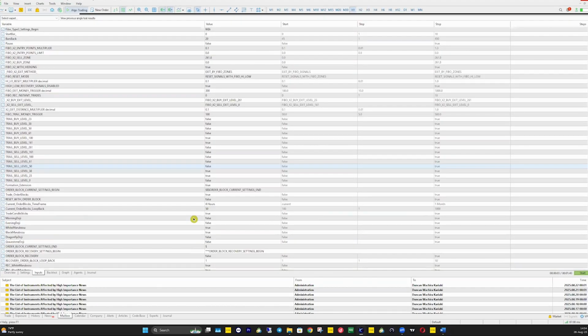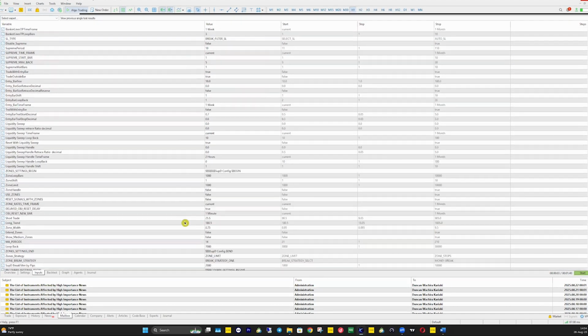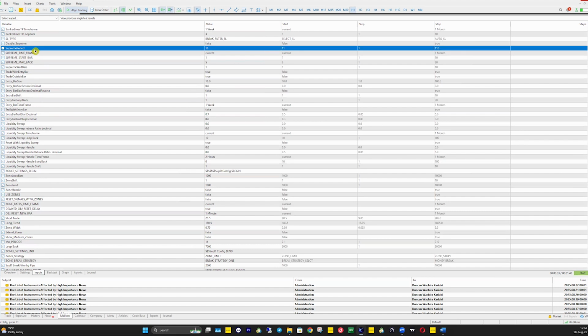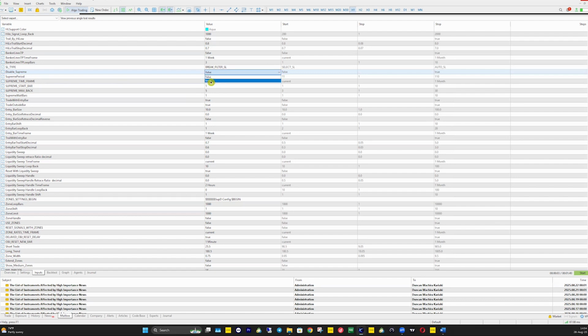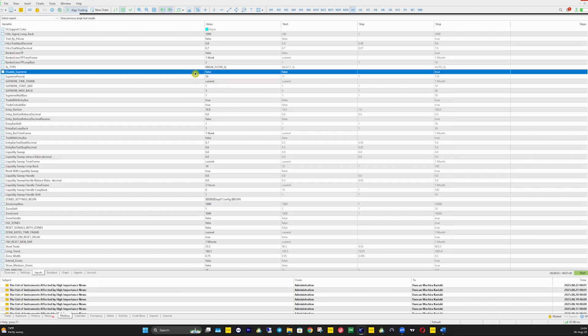All you will do is go to this setup of Supreme here. You can see here, disable Supreme. If you set this to true, this means you are not using a Supreme, you are just using normal candles. But if you set it to false, this means now you are using a Supreme. But by default, it comes with a Supreme because we have the best of the best setup.